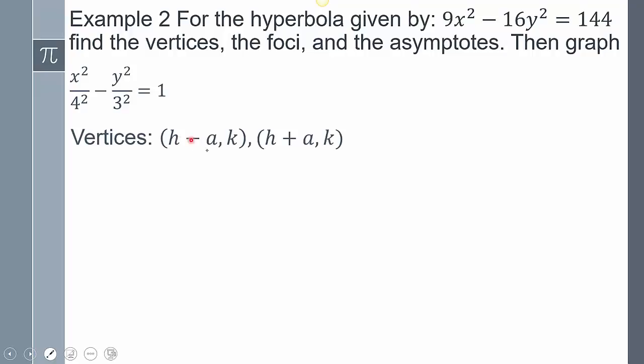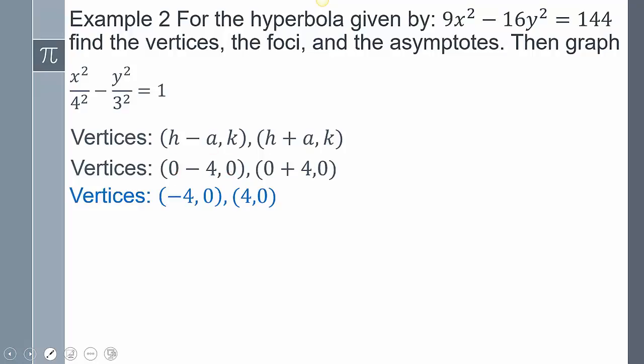And so for my vertices, my a is 4, my b is 3, my h is 0, my k is 0. So I can take these values, h 0, a 4, k 0, and plug everything in. And so my vertices are going to be (-4, 0) and (4, 0).